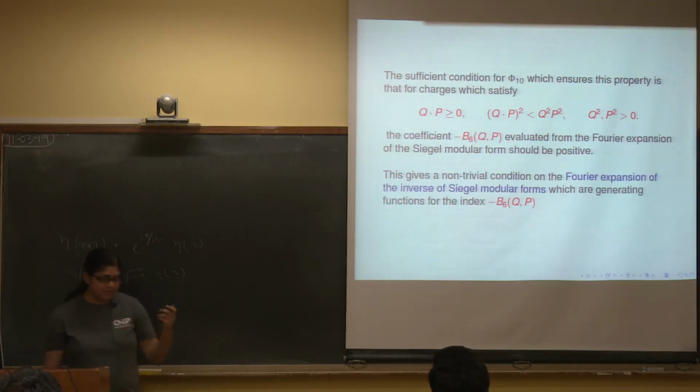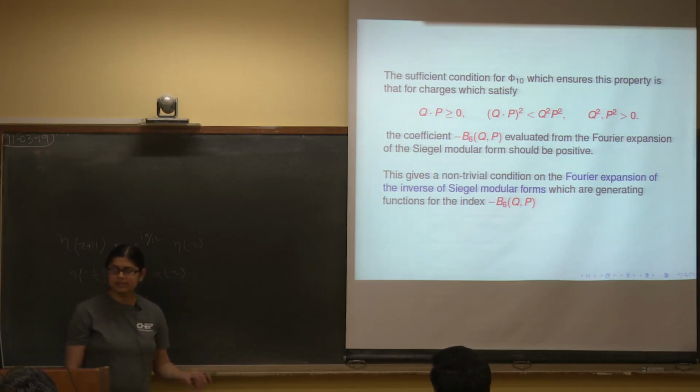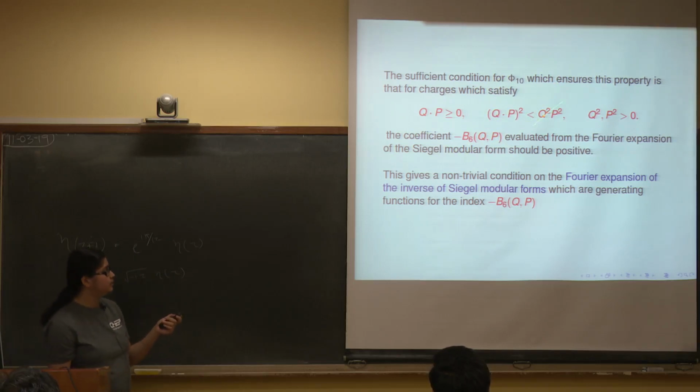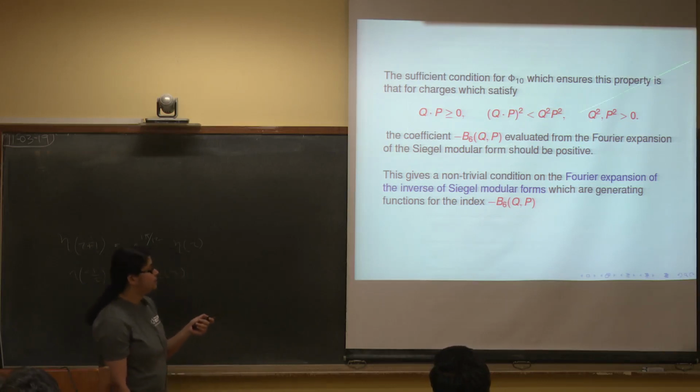Now phi 10 is basically when you have just a K3, there is no orbifold on it. The sufficient condition which Ashok gave was that q dot p should be greater than 0 and the classical area of the black hole should be greater than 0, and q square and p square should also be greater than 0 individually.